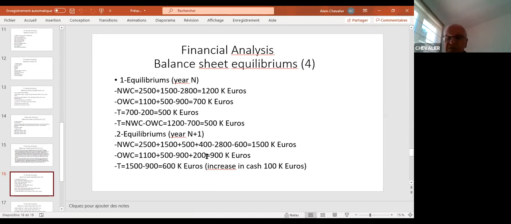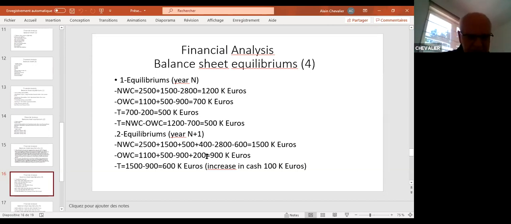It also brings you to the conclusion that the situation is better in your N+1 than it was in your N. That's what you can get from that kind of basic calculation.